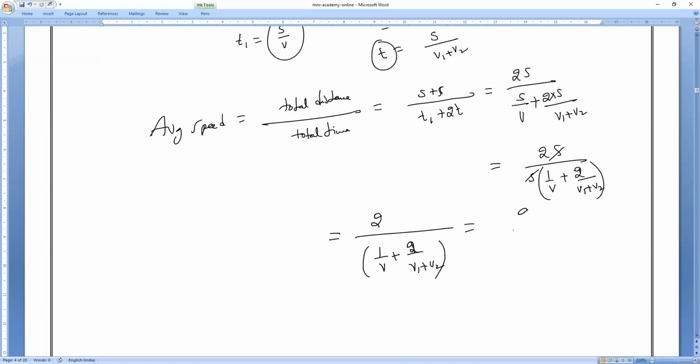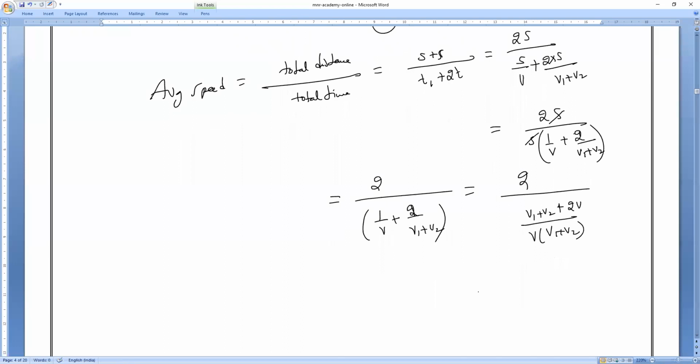Now take the LCM. The LCM is v into v1 plus v2. Then what will come here? v1 plus v2 plus 2v. It will go up, so 2v into v1 plus v2 divided by v1 plus v2 plus 2v.